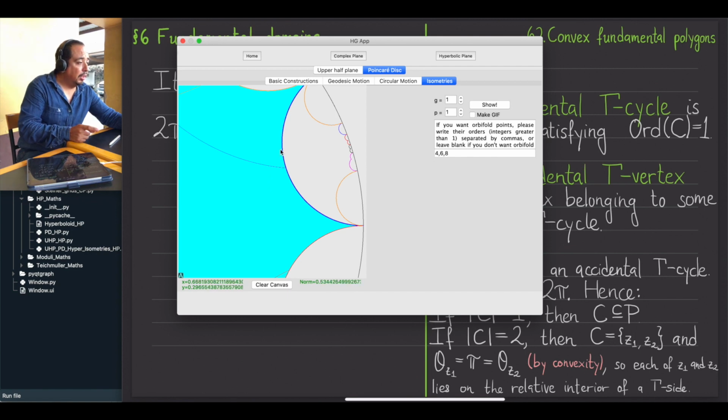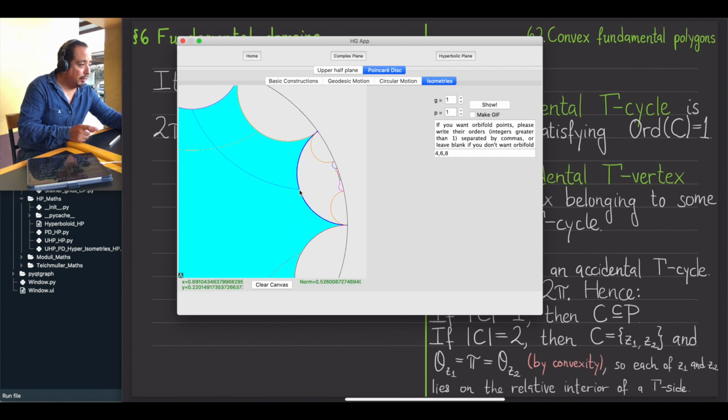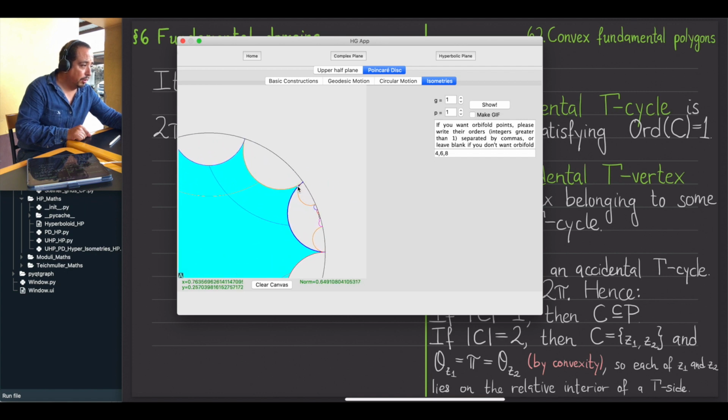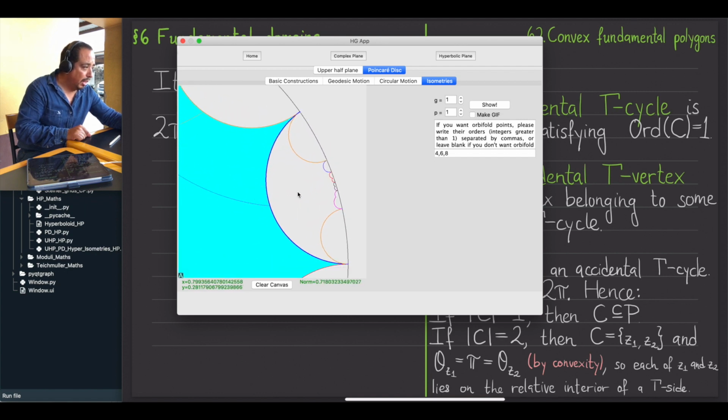So the angle here is pi, and you see its pre-image under this transformation gamma, this other point here, and the angle obtained here is also pi, which is, by the way, the angle obtained by gamma of P here, a fact I used at some point throughout the proof, right? And you see here, so the angle sum is 2 pi.